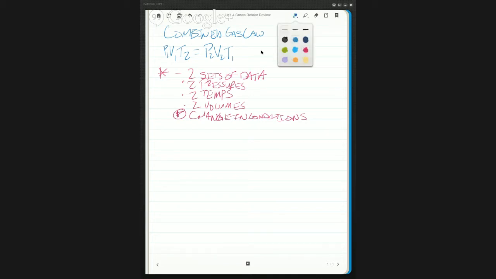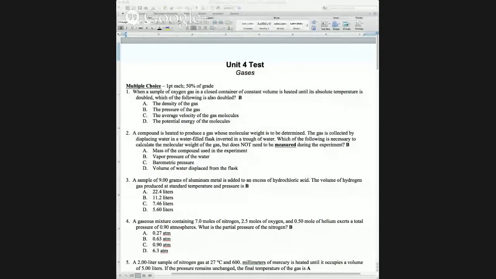So let's look at an example. Let's go to the test. From the actual test, look at number 4 right here. It says a sample of 0.010 moles of oxygen gas is confined at 127 degrees Celsius and 0.80 atmospheres.